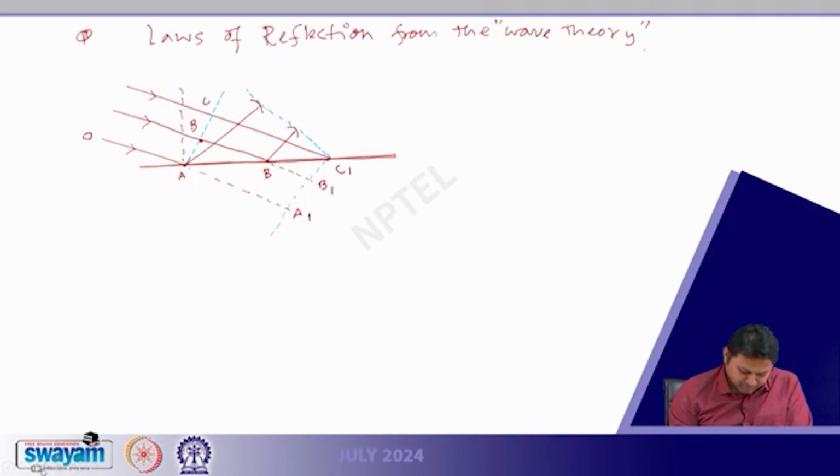I should not write this as B. This is B, this is B1, so this B should not be there. Instead of that, let us put a different name, D. And the reflected ray that is hitting here is A2, and this is B2.